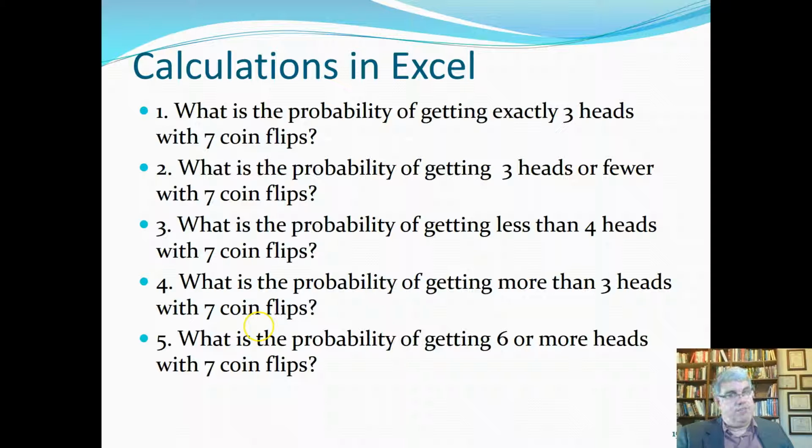And we're going to see that that's pretty similar to what we were asking before. We're going to look at what's the probability of getting more than 3 heads with 7 coin flips. So rather than looking at 3 and fewer, we're going to look at the opposite end. And then what's the probability of getting 6 or more heads with 7 coin flips? We're going to look at the extreme end of one of the tails.